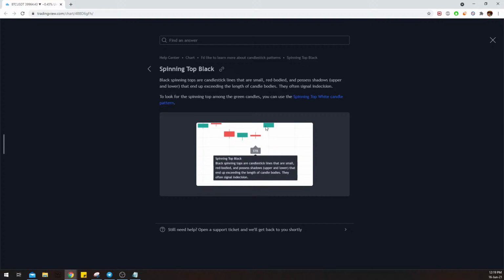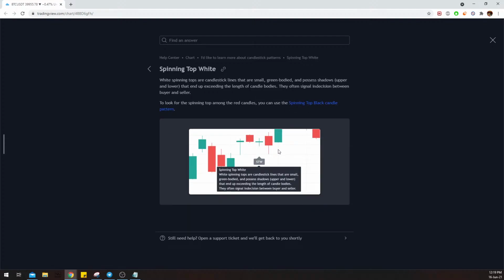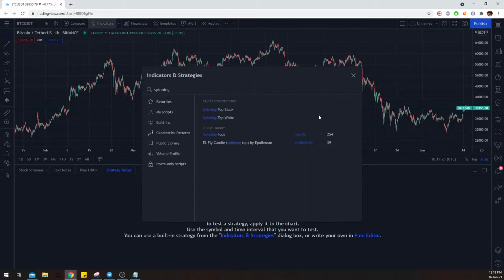These wicks are called shadows. The black signifies a change in the trend, and at the same time the white as well signifies a change in the trend. Better said, it's an indecision in the market.